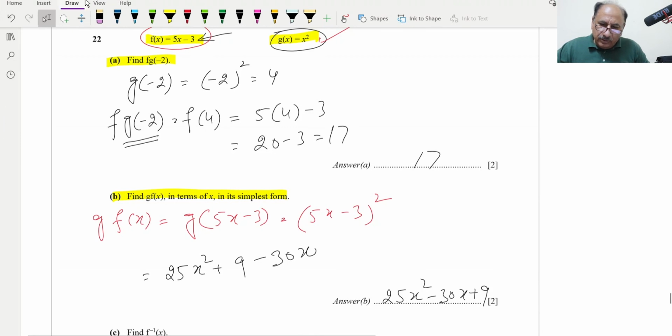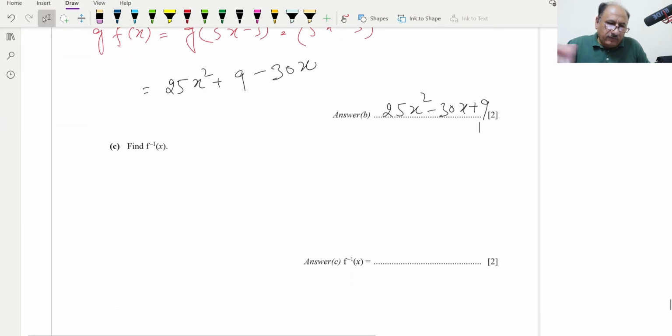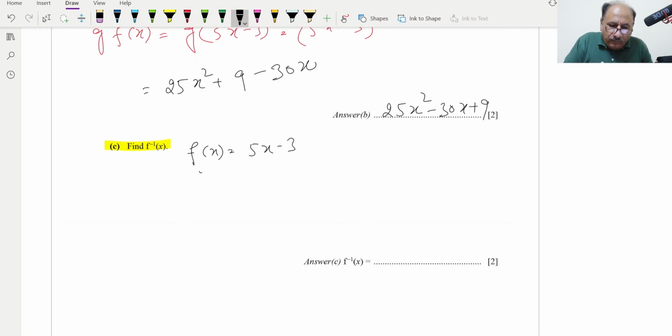Now C part. They are saying find f inverse of x. So we know f of x is equal to 5x minus 3, or we can write y is equal to 5x minus 3. Now we will make x the subject. To make x the subject we will shift y to the other side, so 5x will be equal to y plus 3.